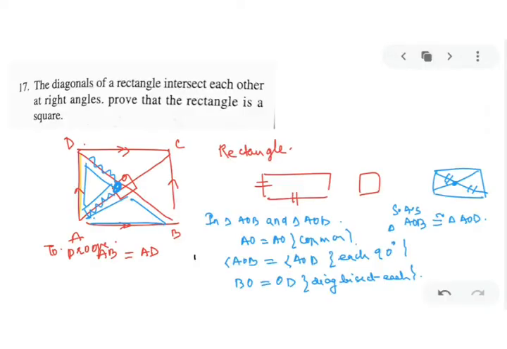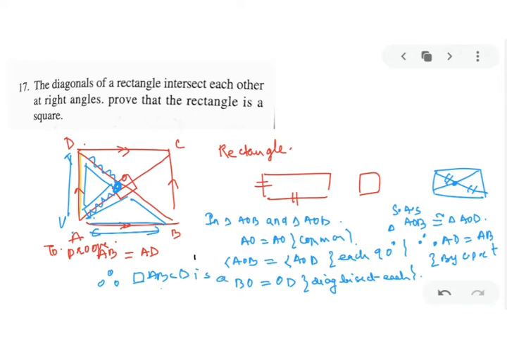Once you got two triangles congruent, you can write therefore AD is equal to AB by CPCT. Once you got AB is equal to AD, that is this is equal to this. Therefore, you can say that quadrilateral ABCD is a square.